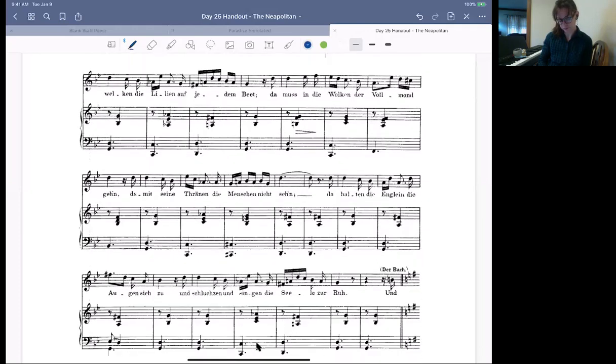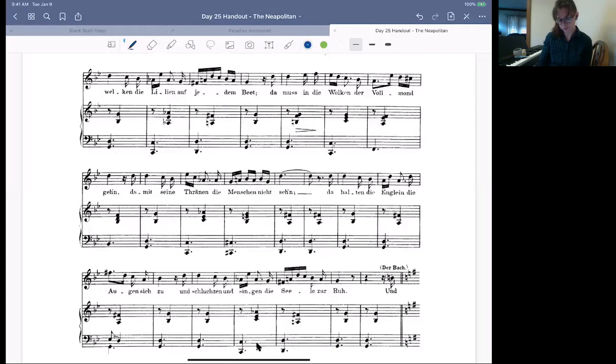Da muss in die Wolken der Vollmond gehen, damit seine Tränen die Menschen nicht sehen.